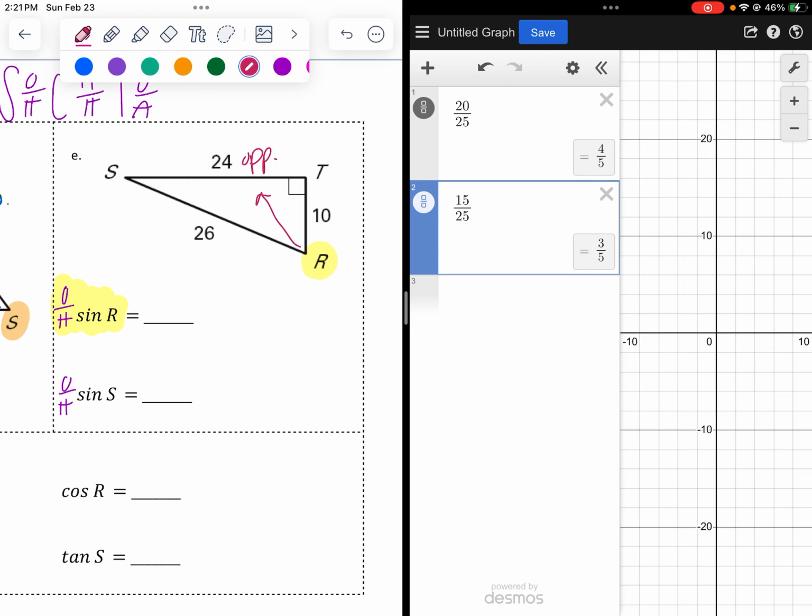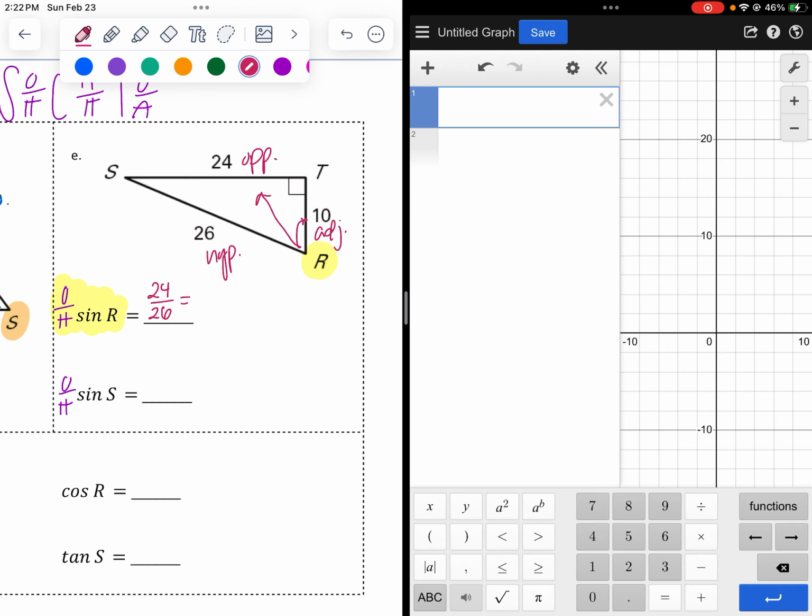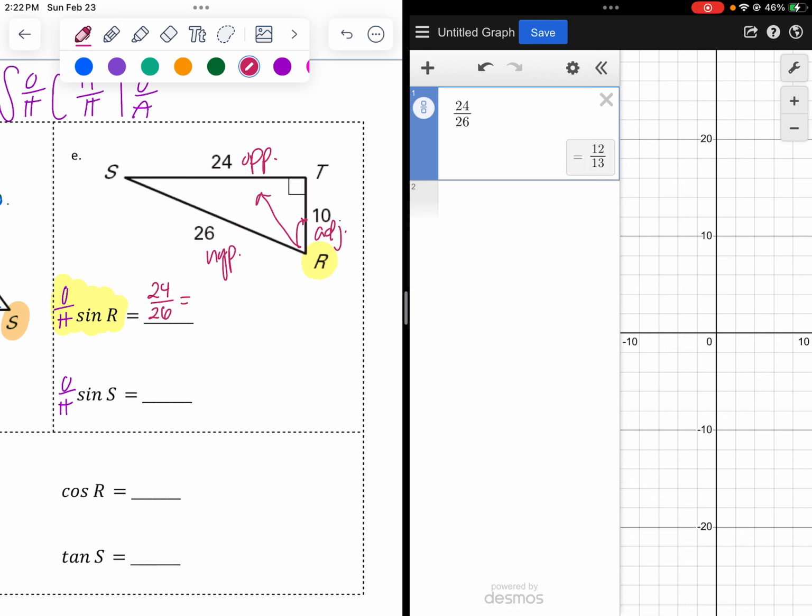I have opposite to be 24, adjacent side to be 10, and always and forever across from my right angle is my hypotenuse. Okay, so I'm looking at opposite over hypotenuse. It looks like we have 24 over 26. I'm going to go to my calculator, plug that in. 24 over 26. Let's see if it reduces. Yep, it reduces to 12 over 13.